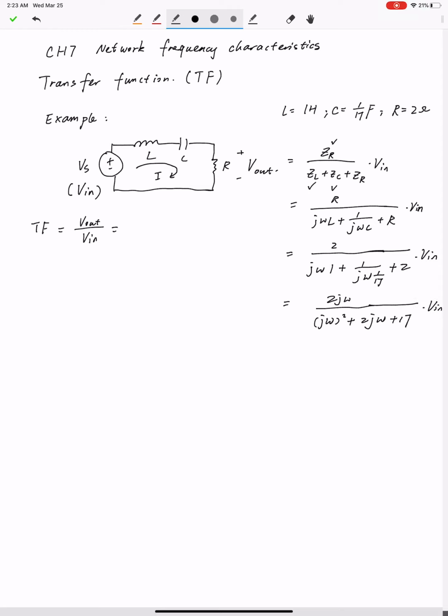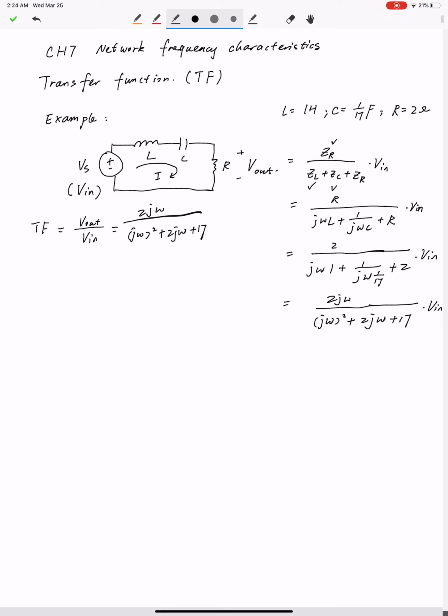So now we can see the ratio of these two factors is 2j omega divided by j omega squared plus 2j omega plus 17.